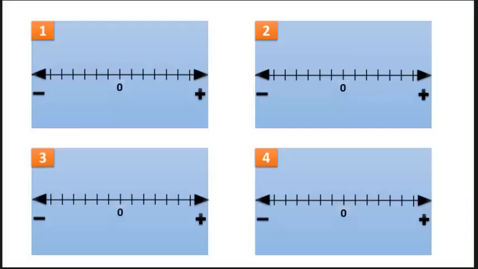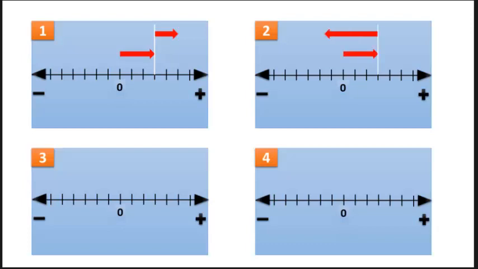Now, I want to show you in another way why there are really only four different types of problems we're dealing with when adding or subtracting integers. The first type, you start with a positive number and you make it more positive. The second type, you start with a positive number and you make it more negative.